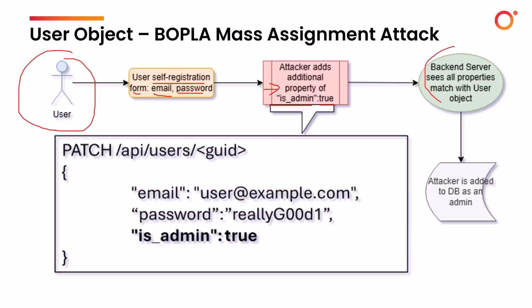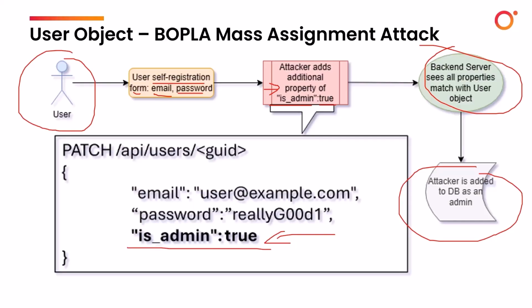And the backend server, when it receives the request, because the backend object actually does have this additional field, it will receive it, and then the attacker has added themselves as an administrator into the application. That was not the intent. Every new user was intended to just be a regular user, but with a mass assignment, there's this addition of properties that were not intended as originally coded.